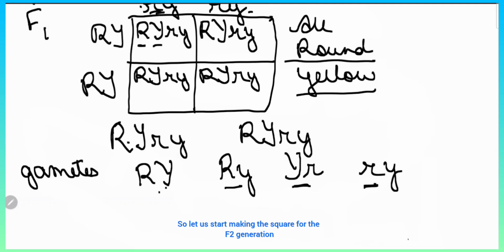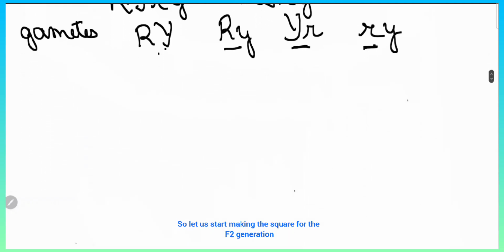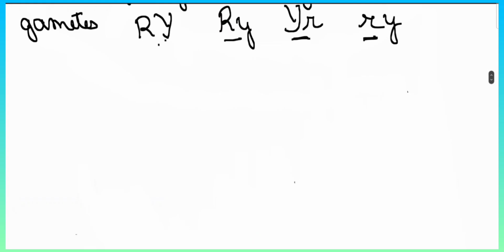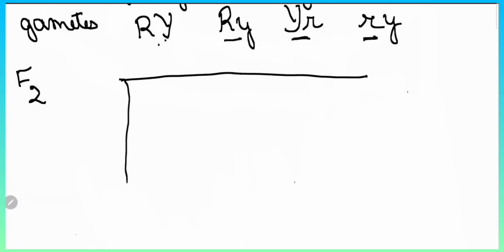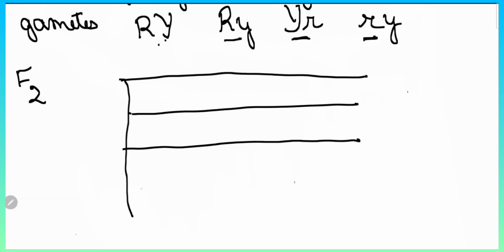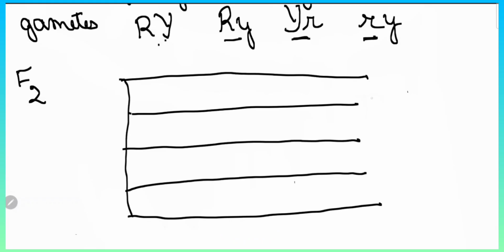So let us start making the square for the F2 generation. So this is our F2 generation. We make a table in this way. This is our table.